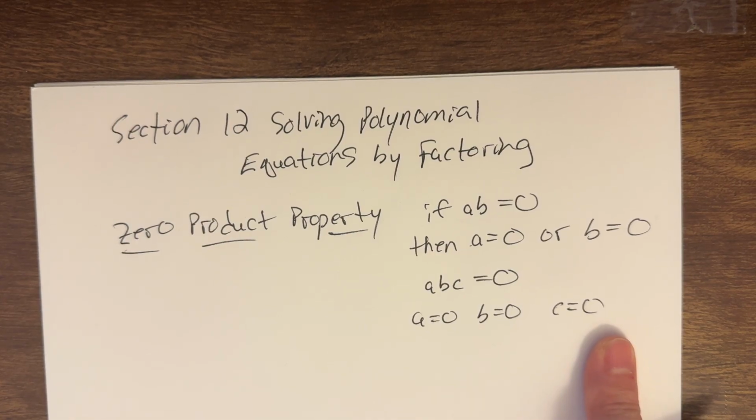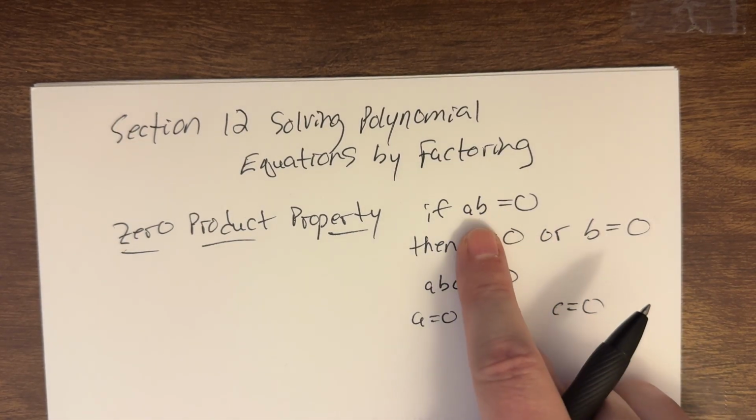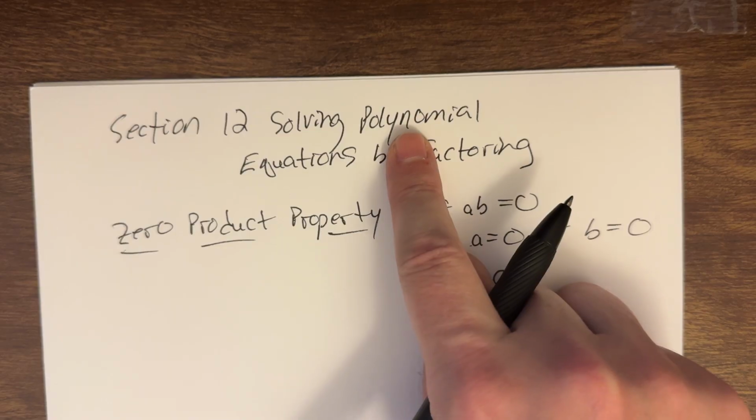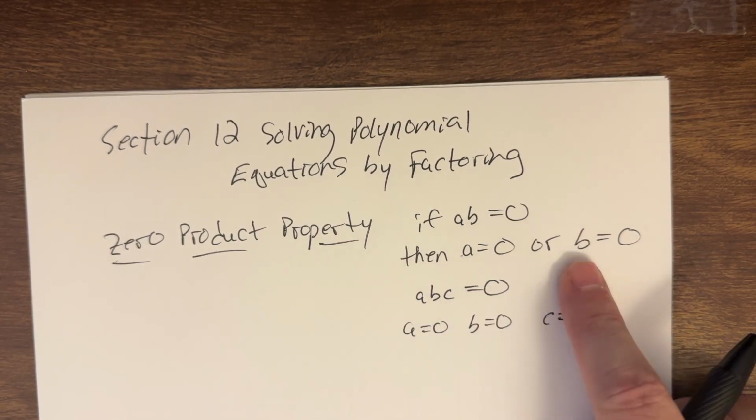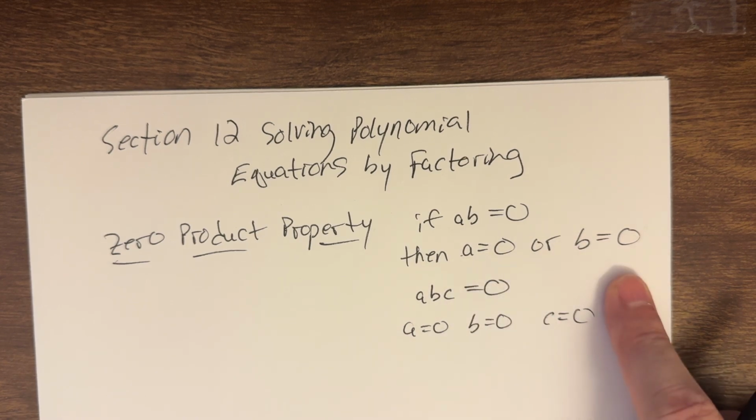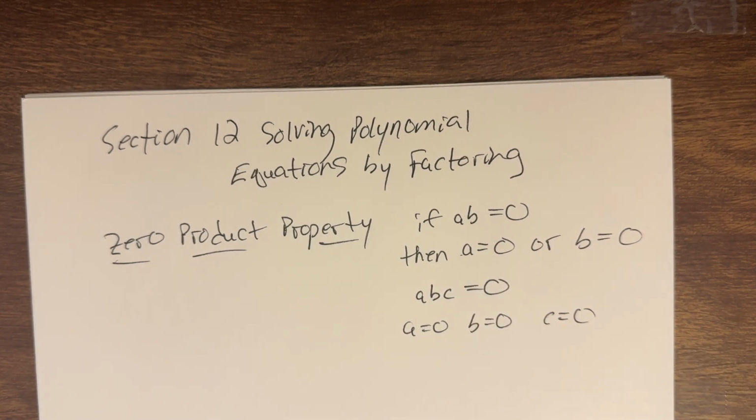This is the key here, everyone. We are taking a complicated equation with a higher degree polynomial, setting it equal to 0, breaking it into its base factors so we could solve this smaller, more basic, easier equation.